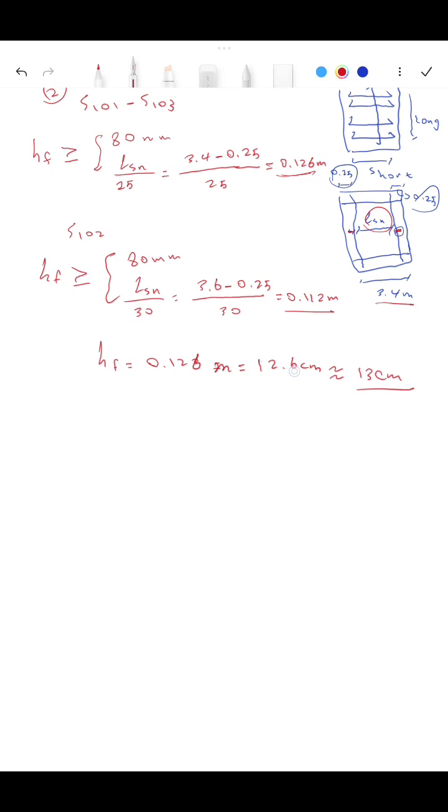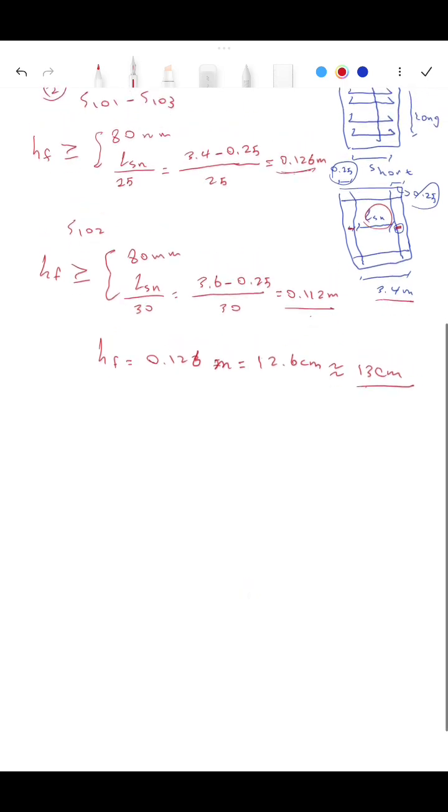Don't use these numbers; use 12.5, 13, 13.5, 12, something like this. Also, always take the bigger number, not the smallest number. So don't consider this one as 12.5. 13 is the best option. 13 will be acceptable for this one and for this one. That's why we took the 13. Okay, we're done with the second point.